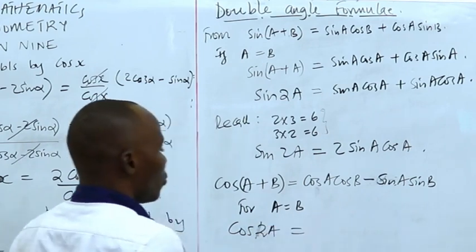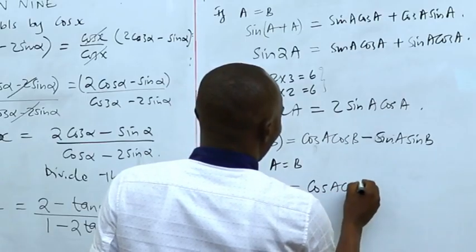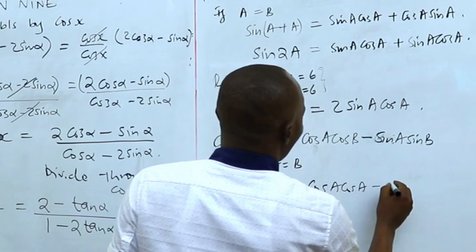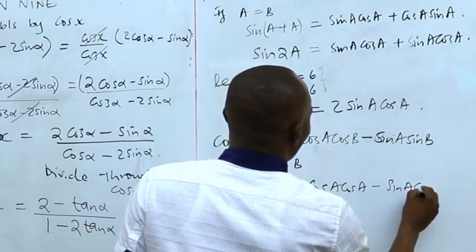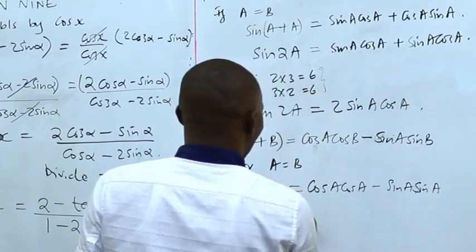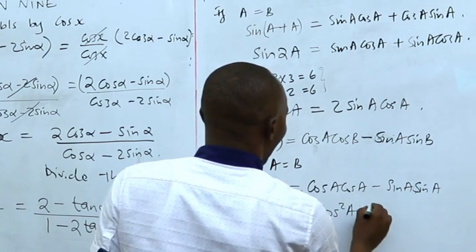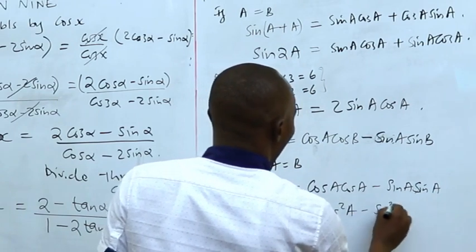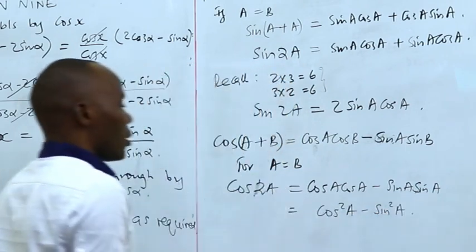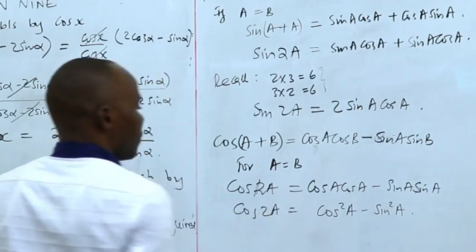So cos of 2A, from there I have cos A cos A minus sine A sine A, which is cos squared A minus sine squared A. This is cos of 2A.